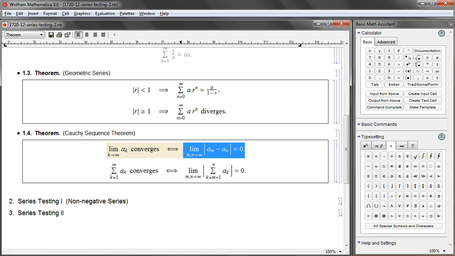Now, an alternative form of the Cauchy criterion is right over here for series. What is a series? It's basically a sequence of partial sums.